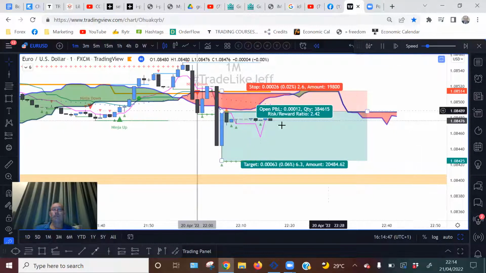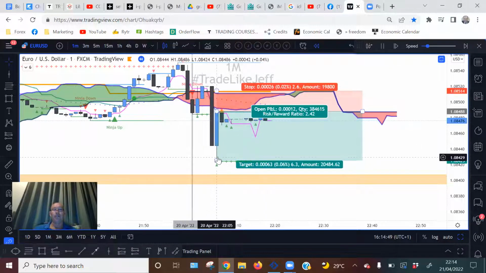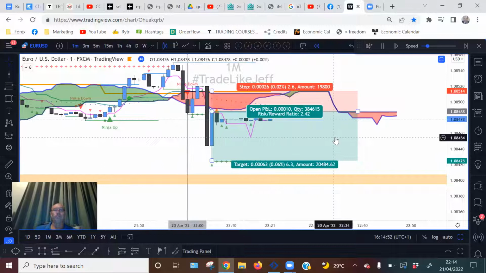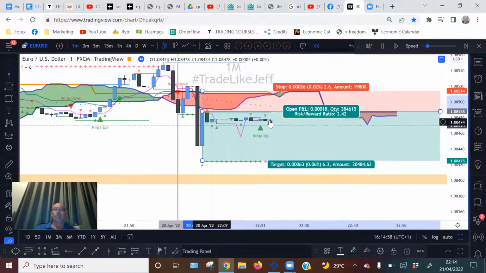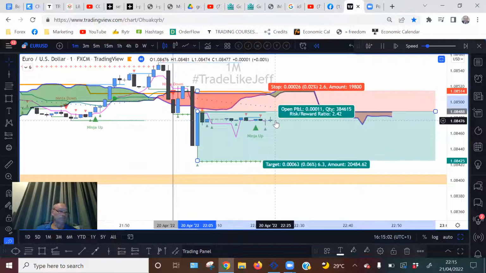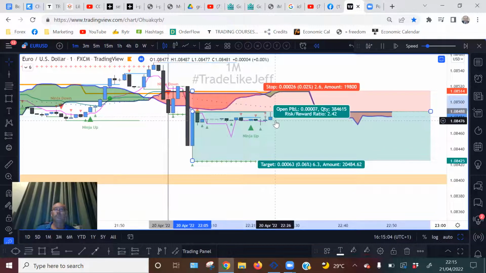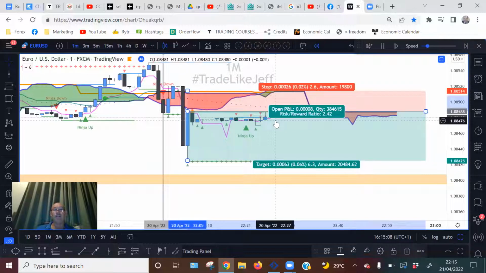So it's dancing around the entry price after that huge drop. Small consolidation. Retesting the entry line.